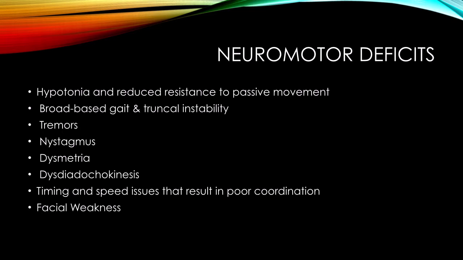Dysdiadochokinesia is also shown and can be observed during assessment. Errors in timing and speed of muscles in patients with ataxic dysarthria will result in poor coordination. Their movements tend to be conducted at slow rates of speed. Facial weakness may also be presented.